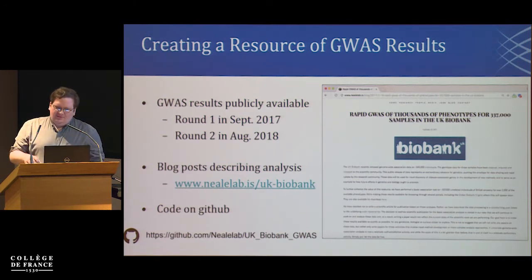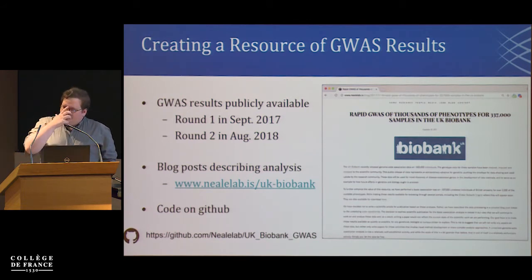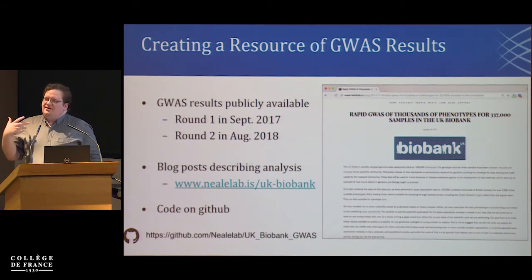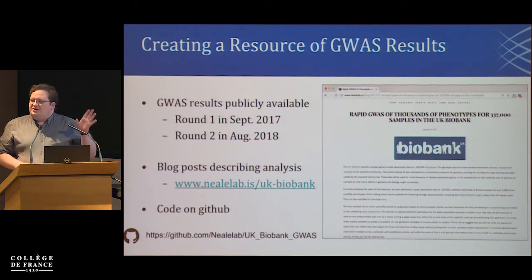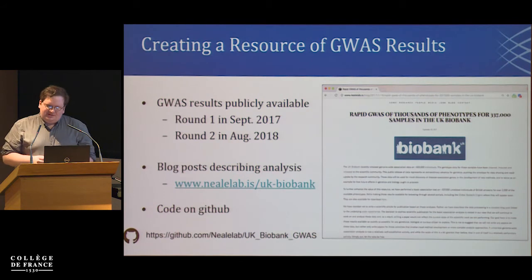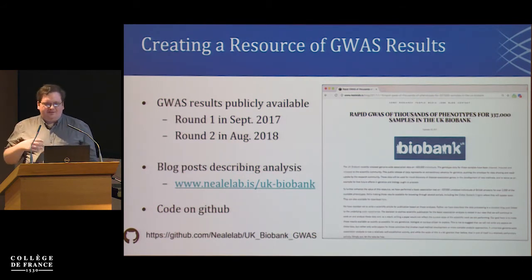And so, armed with that set of results, we've then thought about how to share those results and how to follow up on them in terms of secondary analyses. In terms of sharing the results, having put in the work to compute all these results, it is a day's worth of compute, but it is a fair amount of time and effort from the group to get them through, we've pushed those results all public.